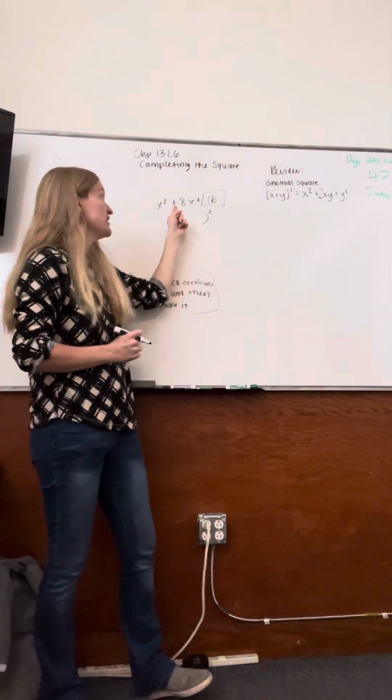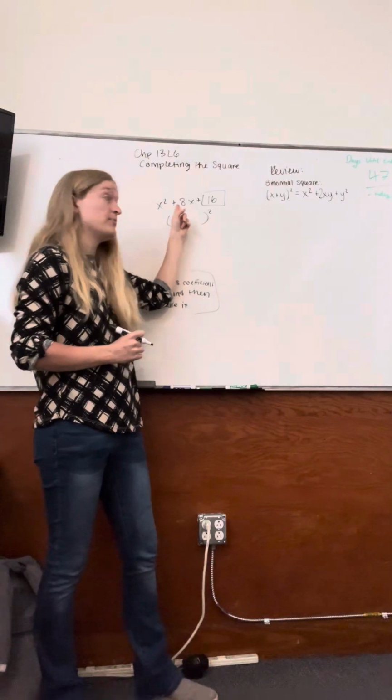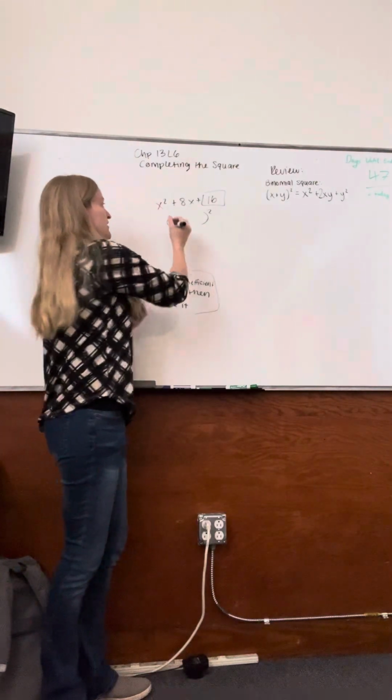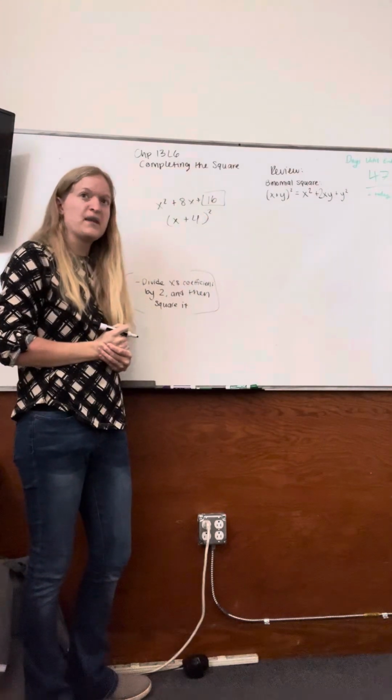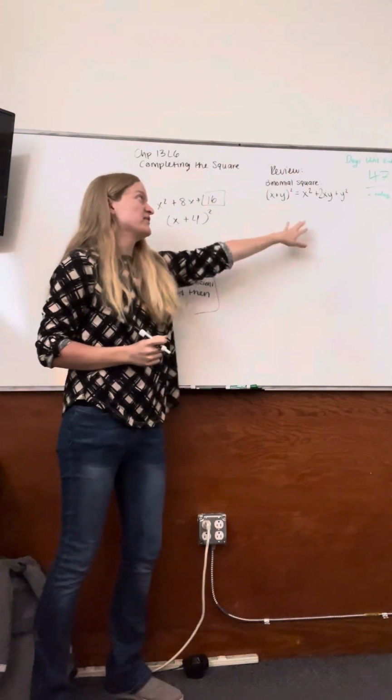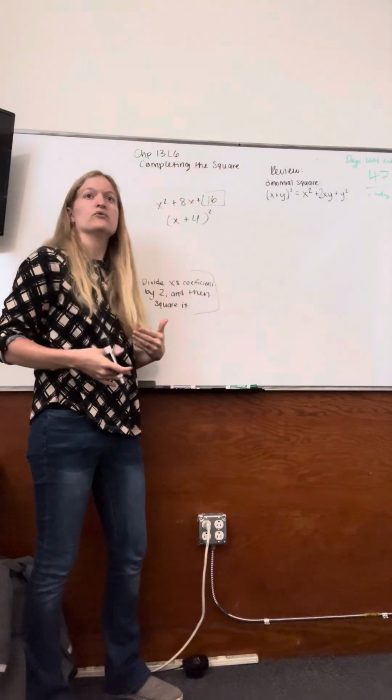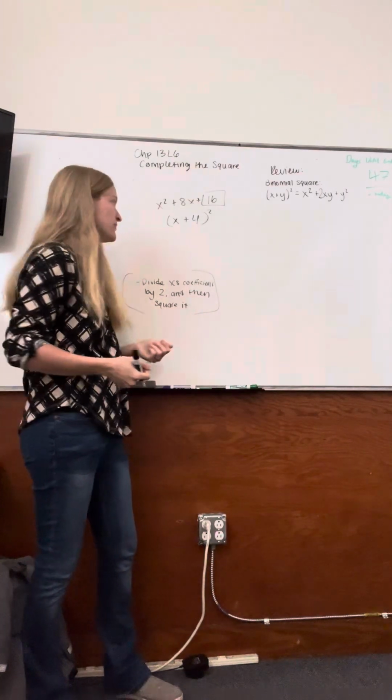If this was a negative, then you'd have a negative in the middle. If this is a positive, positive in the middle. So the square root of x squared is x, the square root of 16 is 4, so it's x plus 4. This works because we followed the rules to make sure the third term made it a perfect square.